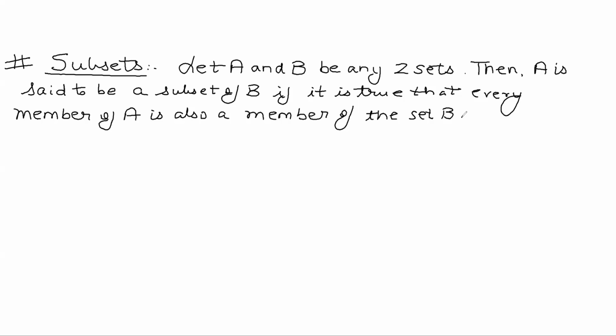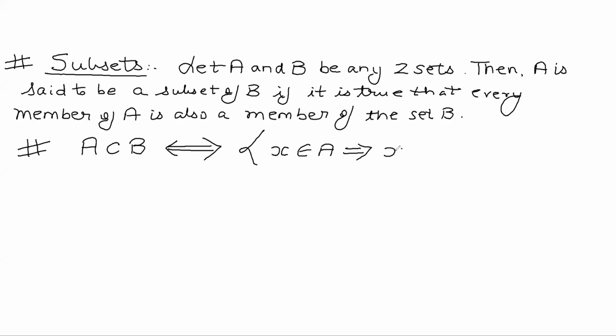But A will be a subset of B if and only if, and if and only if means double implication, if X belongs to the set A, it implies that the same X also belongs to the set B.